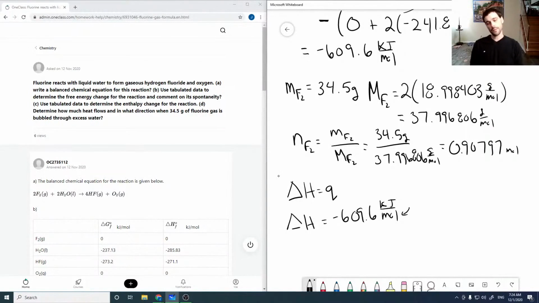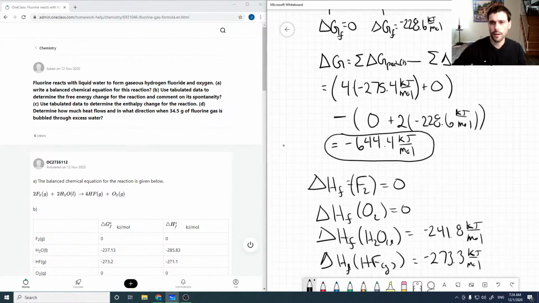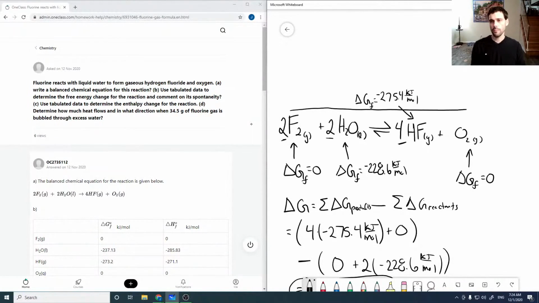So the way I like to think about this, even though this isn't a proper unit, is mole of reaction. So this is per mole of reaction, or per run through our equation. So a mole of reaction is kind of one path through the reaction.